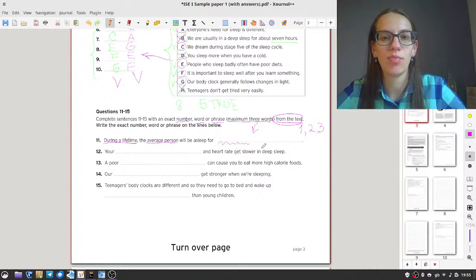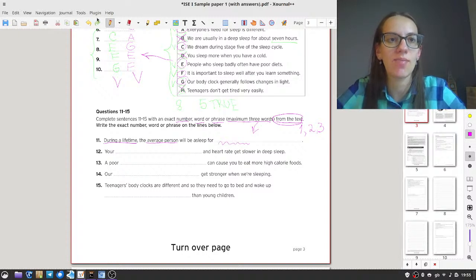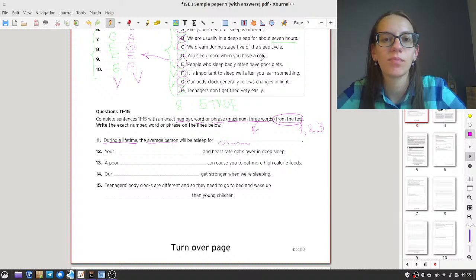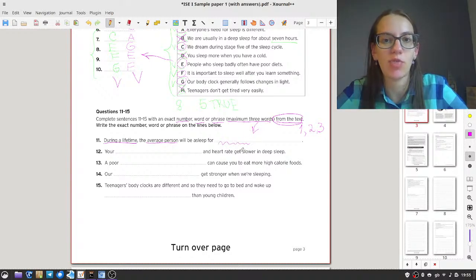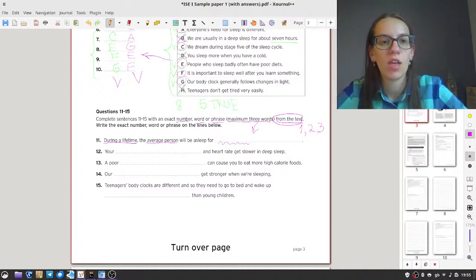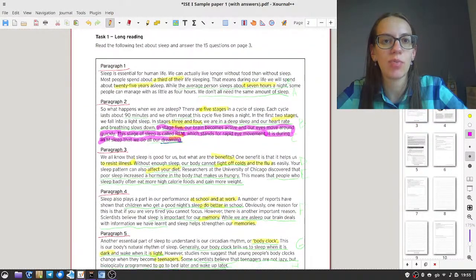Some number of hours, days, weeks, years. Well, if it's during a lifetime, then probably years. But we are interested in some kind of time here. So now let's look at the text and see which phrase we can use from the text.